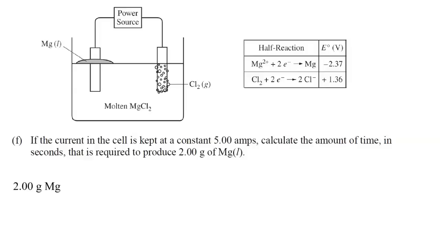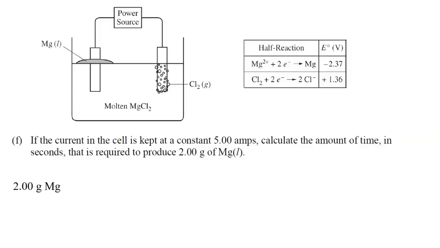And in my first step, I'm going to go from grams of magnesium to moles of magnesium using the periodic table. Then I will have to turn moles of magnesium into moles of electrons. So I should look at the half reaction to make sure I get that ratio between magnesium and moles of electrons.